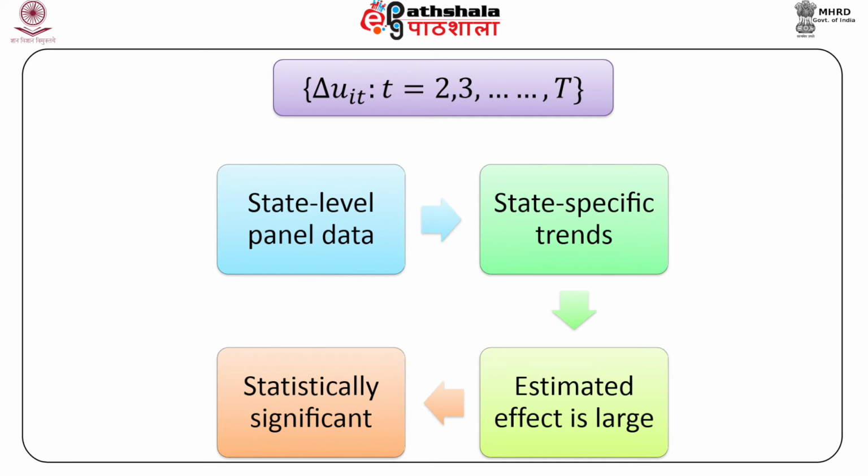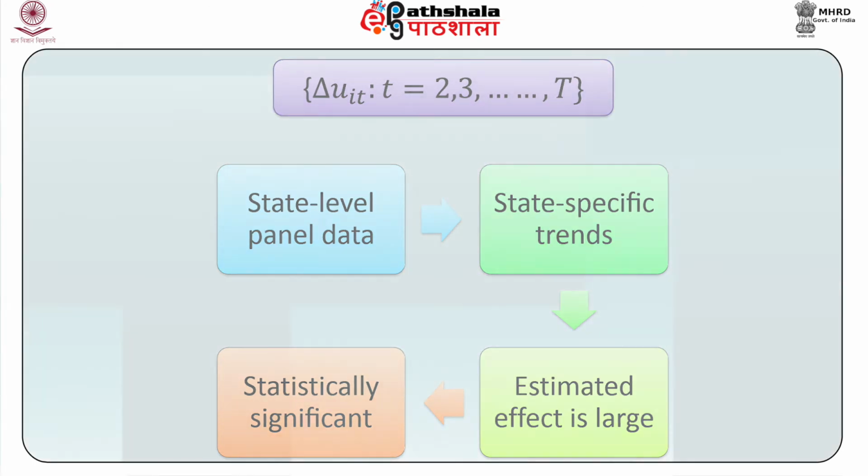It shows how important it can be to allow for state-specific trends. Without state-specific trends, she finds no effect of unilateral divorce laws on divorce rates; with the state-specific trends, the estimated effect is large and statistically significant. So I hope you understand how state effects can play an important role.